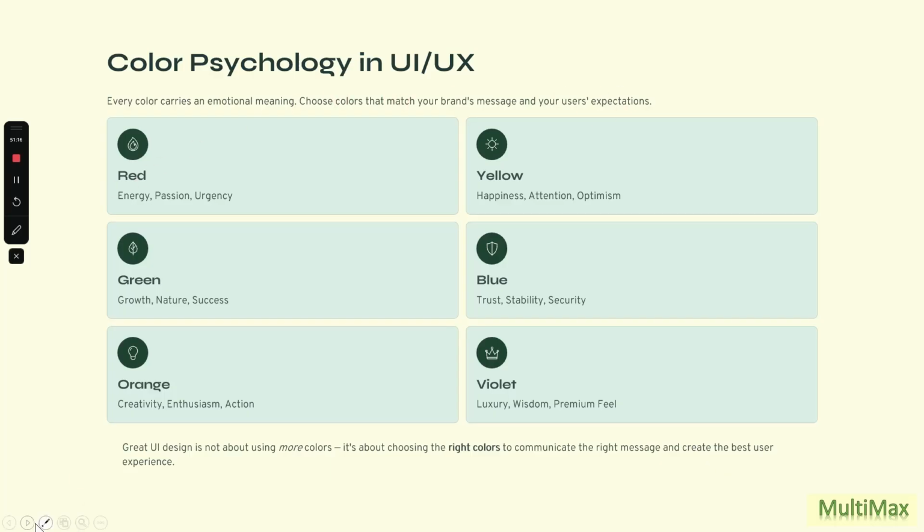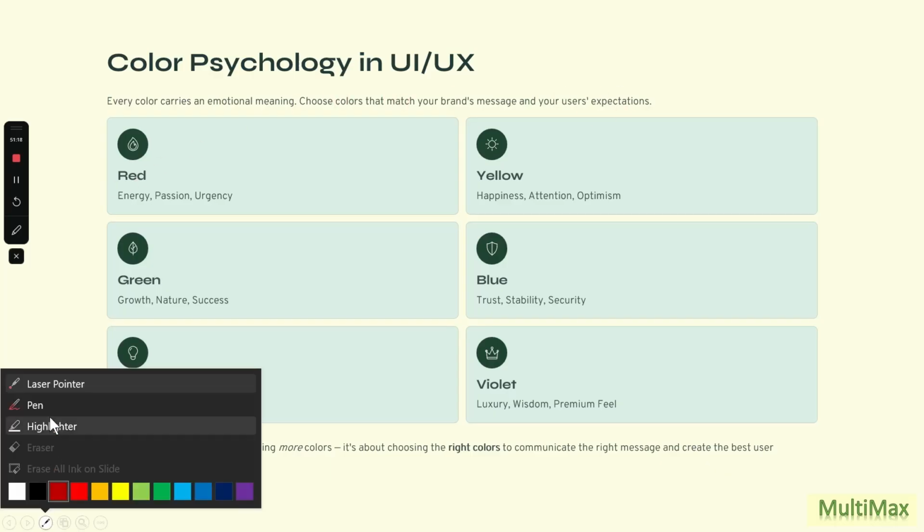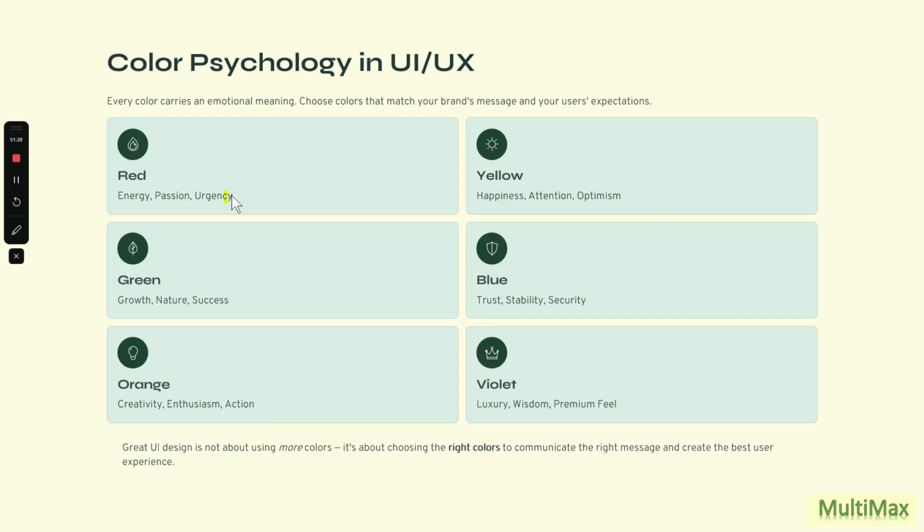This is one of the important things we very clearly have to understand. Firstly, choose colors that match your brand's message and user expectations. It's a very important thing for the business people watching this video, understand that very clearly, okay?